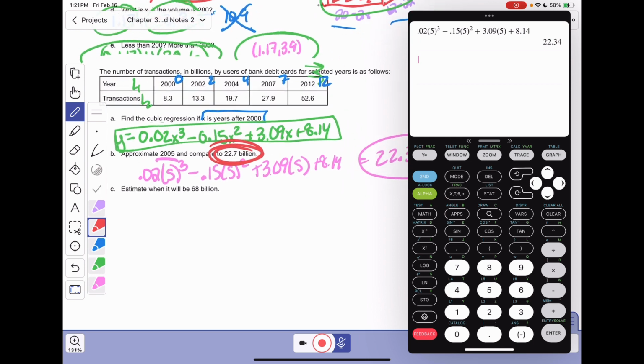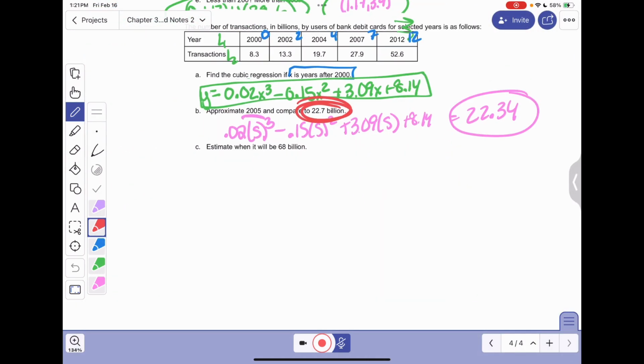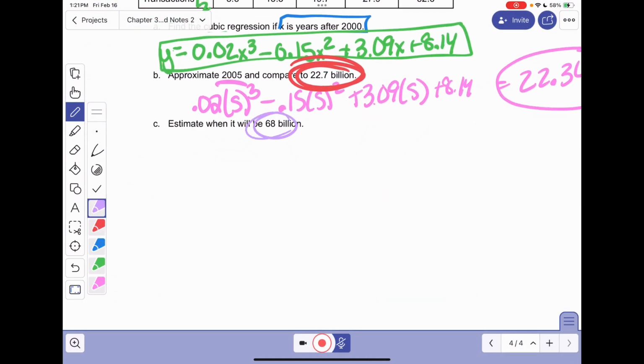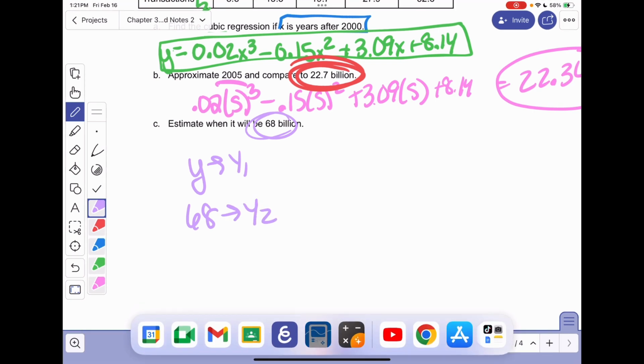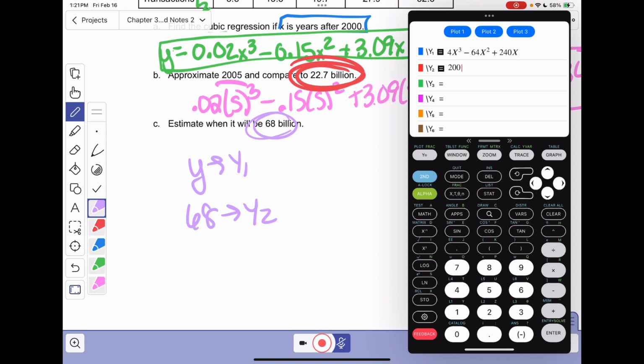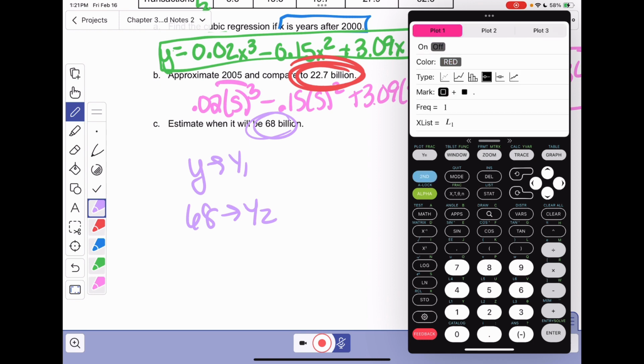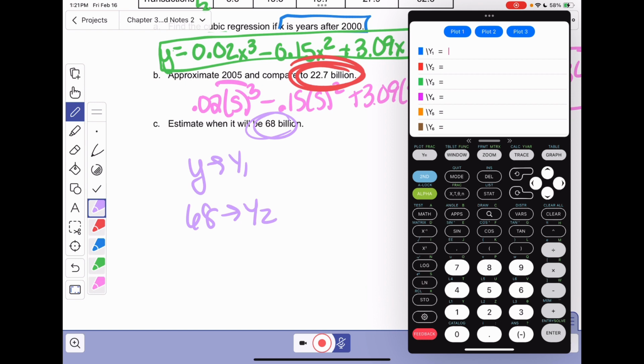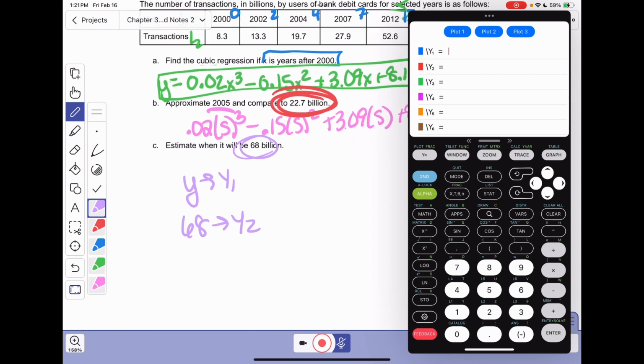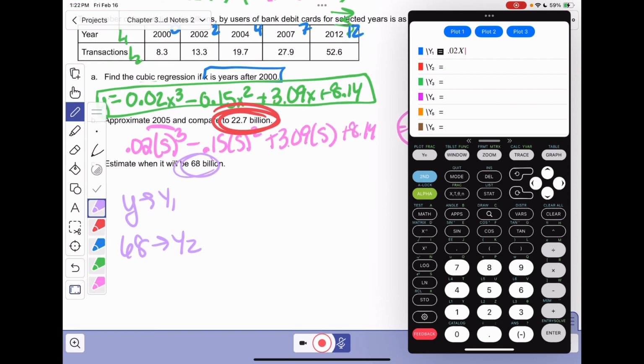And then finally, we want to estimate when it will be 68 billion. The easiest way to do that is we put our equation in Y1, we put 68 in Y2, and then find our intersection. So Y equals, we're going to clear everything out. We're going to do 0.02 x cubed minus 0.15 x squared plus 3.09 x plus 8.14.